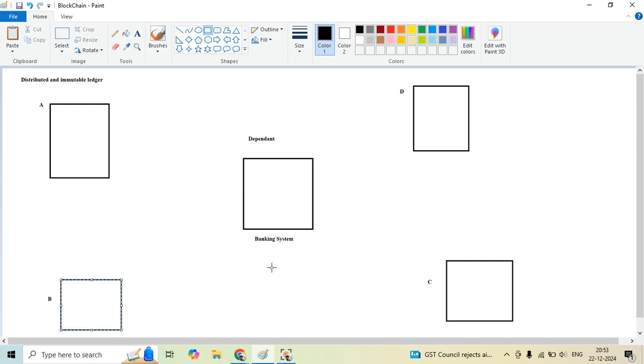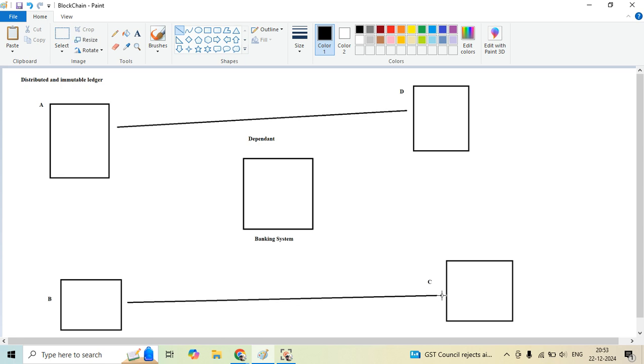We have the nodes A, B, C, and D, and all of these are connected to this system. So in blockchain, we will have a distributed ledger, which means that they are connected to each other, and they are also connected to the centralized ledger here.